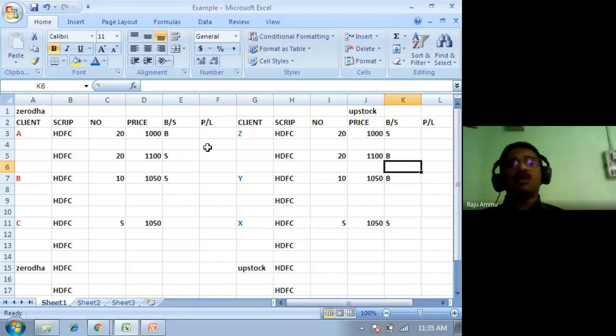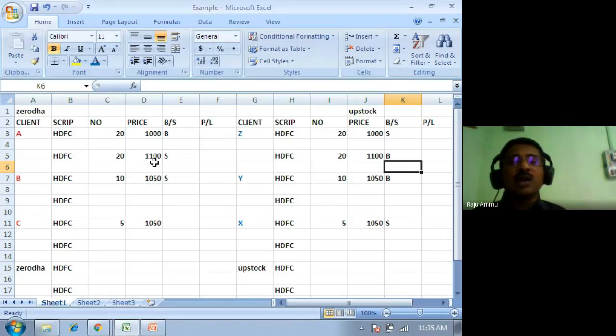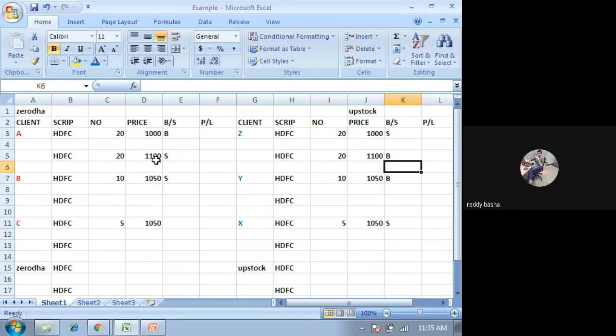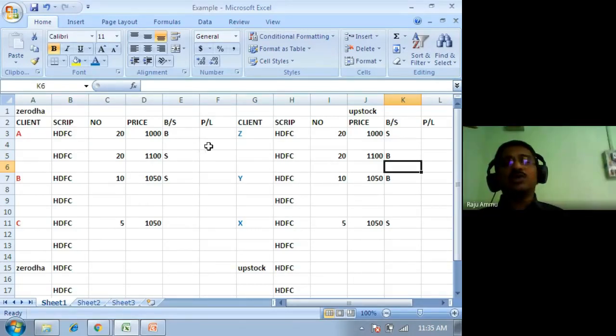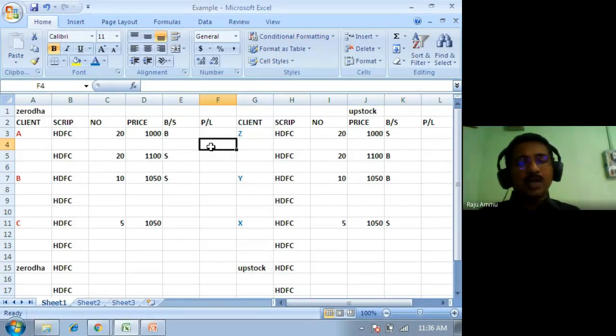What is the difference in the price? Bought at 1,000 and sold at 1100, sir. 100 rupees profit, into how many shares? 20 shares comes to 2,000. Shall I write down here, friends? 2,000.